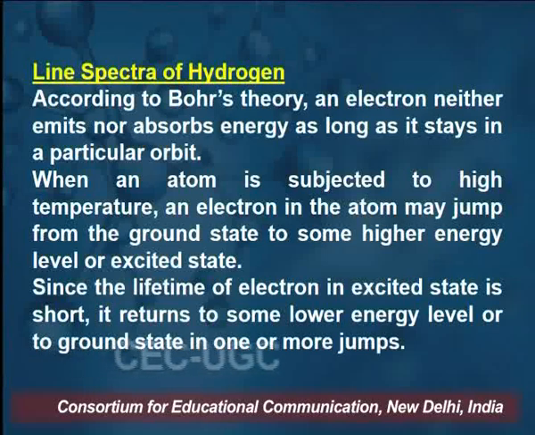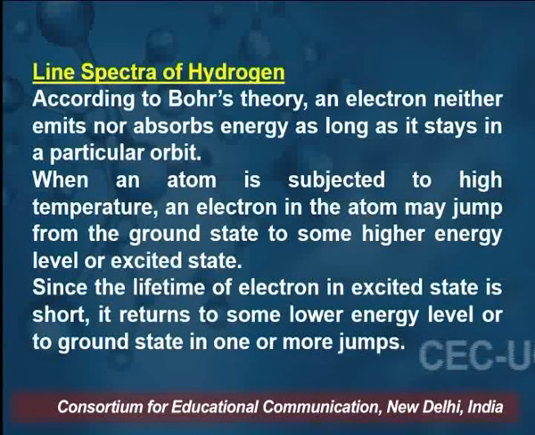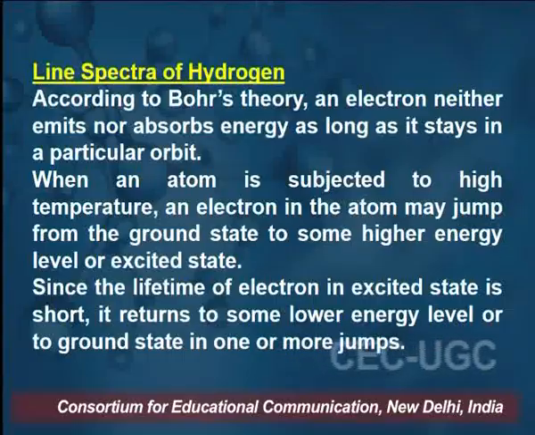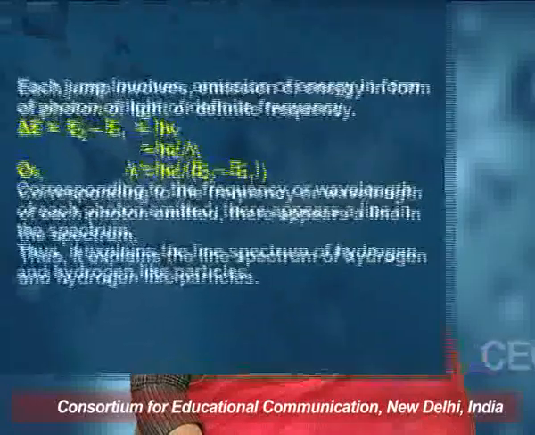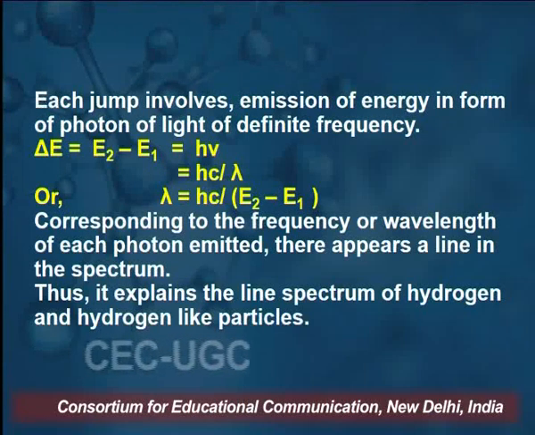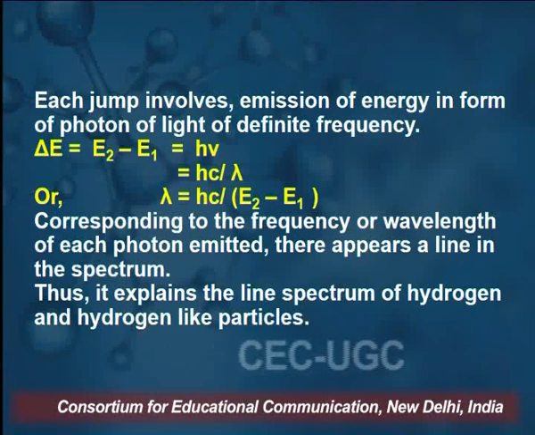Since the lifetime of electron in excited state is short, it returns to some lower energy level or to the ground state in one or more jumps. Each jump involves emission of energy in the form of photon of light of definite frequency.